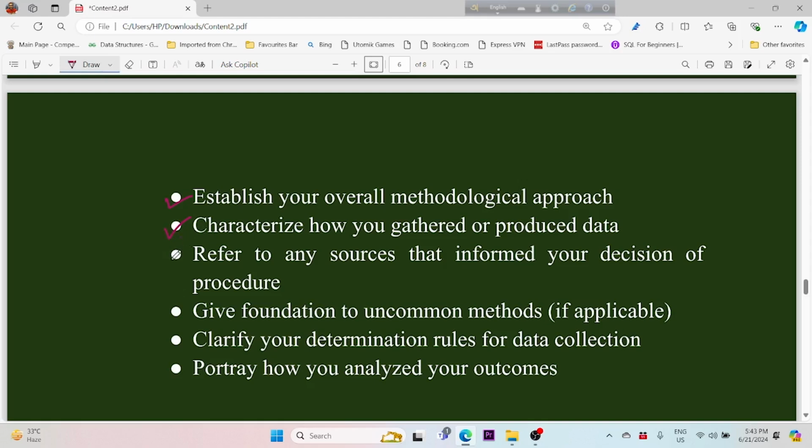You will refer to any sources that inform your decisions of procedure. And you must give foundation to uncommon methods. And you need to clarify your determination rules for data collections. And lastly, you must portray how you analyzed your outcomes.